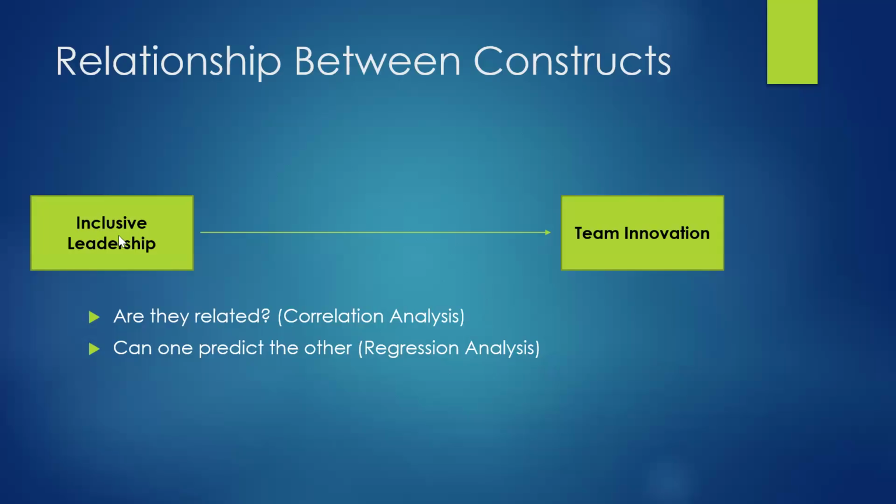Another way to think about it is inclusive leadership is the independent variable and team innovation is the dependent variable. Inclusive leadership can impact team innovation. Team innovation is dependent on inclusive leadership. So team innovation is the dependent variable, inclusive leadership is the independent variable.